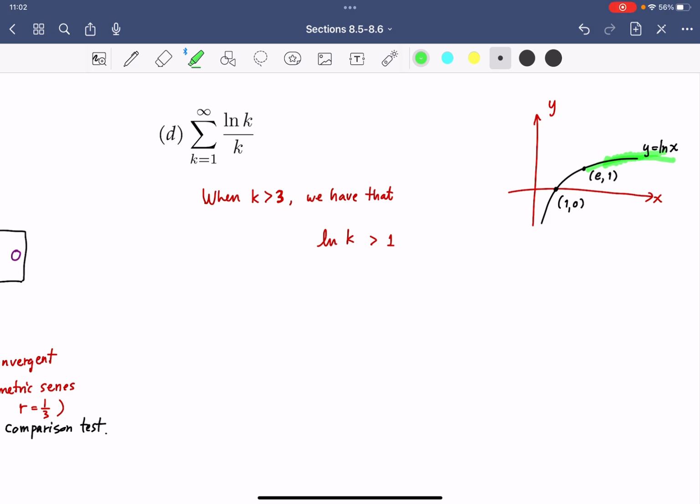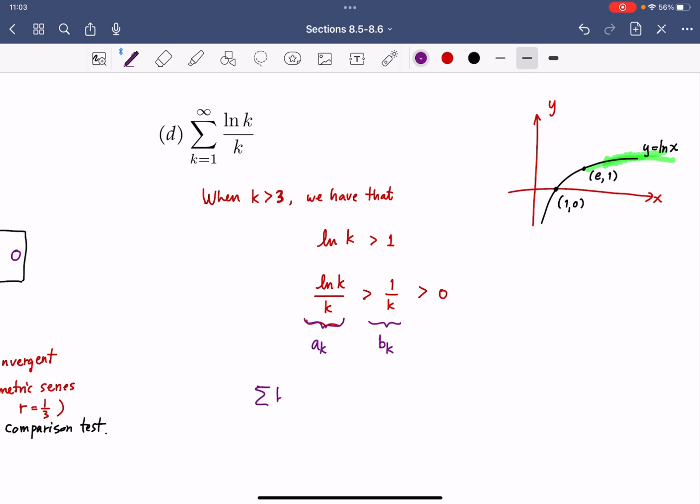So I have log k bigger than 1, and then log k over k is going to be bigger than 1 over k. Make sense? And that's greater than 0. This is the thing that you want as your a_k, and this thing is your b_k.